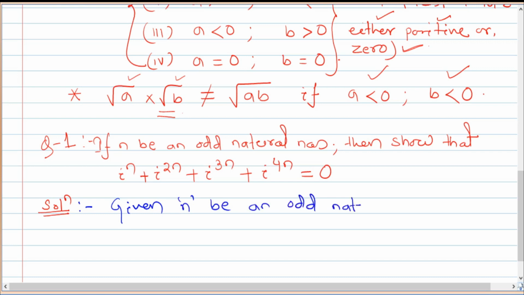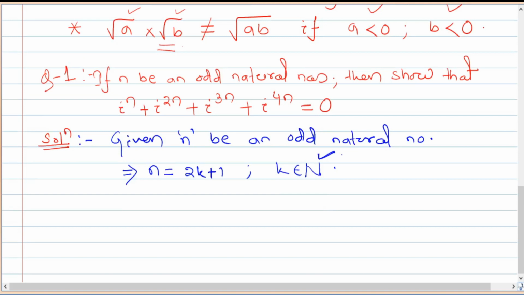As you mention the given condition, natural number, that means your supposition should be n is equal to 2k plus 1, where k belongs to Z. Here k is any natural number. Okay, now we'll take the question.